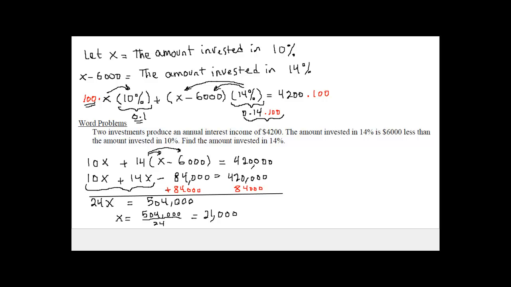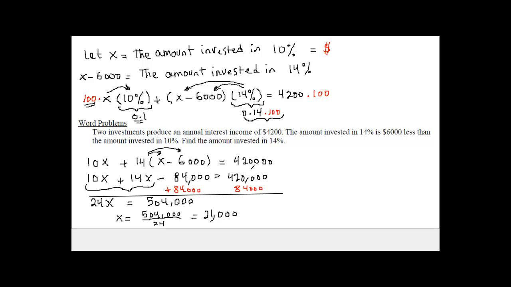Okay, so this would be the amount that we invest in which account, anyone? The 14%. Well, let's go back to what we assumed here. We assumed that x be the amount invested in 10%, right? So this is what we find x. So x would be the 10% account. And then the 6,000 less. Exactly.